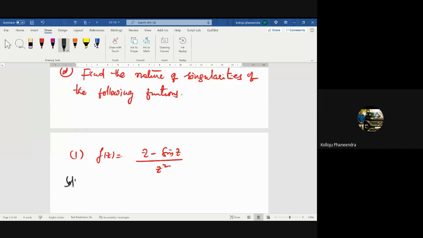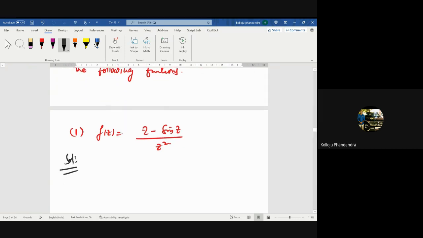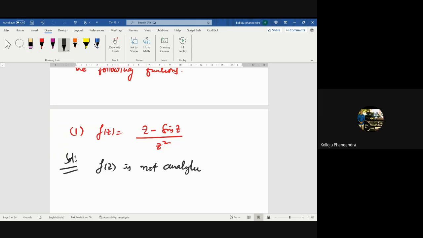Solution. First, the function is not analytic at what point? In f(z), the denominator z² is there, so the function is not defined, not analytic at the point z equal to 0. When z equal to 0, what is this function form? 0/0 form, which means the function is not defined.